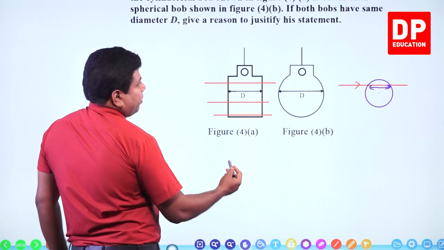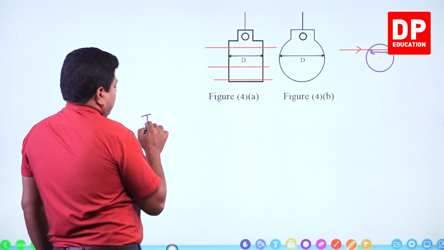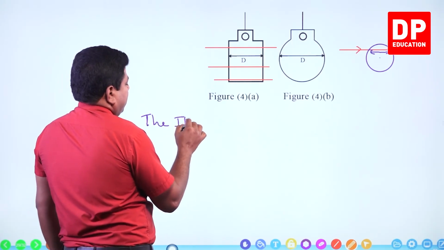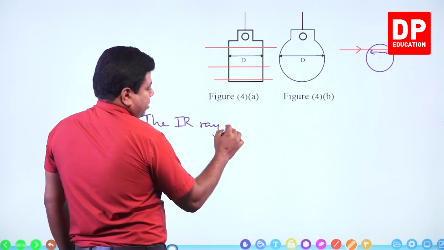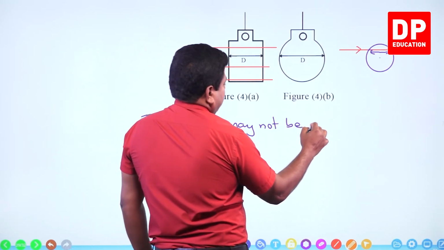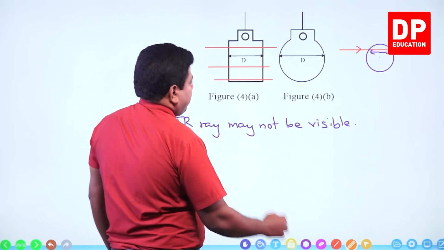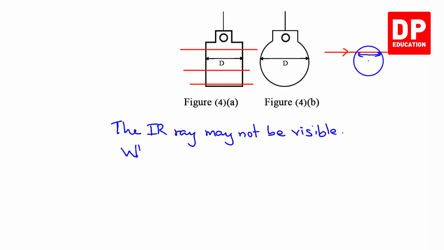Okay. So, let us say the IR ray may not be visible when we use a spherical bulb.